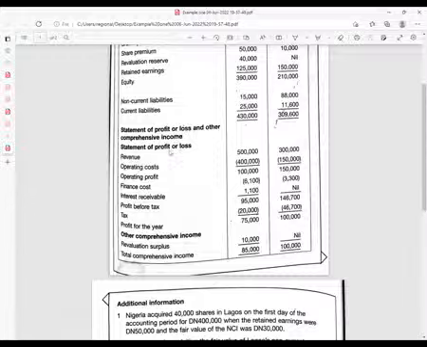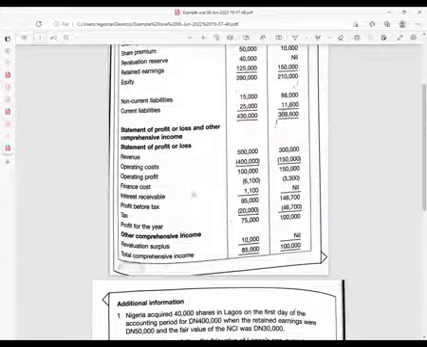So we have, first of all, the statement of profit or loss, and then we have other comprehensive income. Under other comprehensive income, I have revaluation, and then I'll be bringing here the foreign currency exchange. It also falls under other comprehensive income.